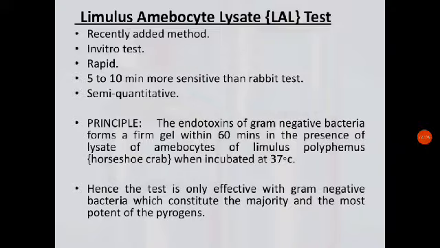The principle is that the endotoxins of gram-negative bacteria, in the presence of the blood cells of the Limulus polyphemus, that is the horseshoe crab, called a lysate of amoebocyte, will cause gelation when incubated at 37 degrees centigrade.